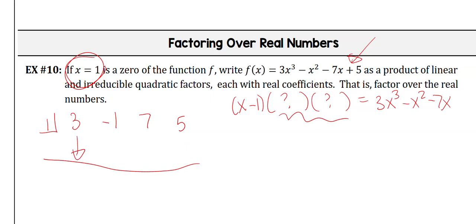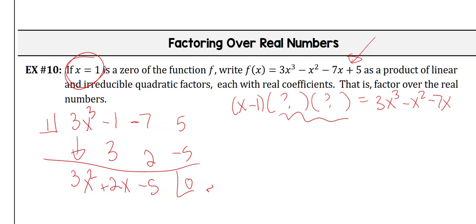And what that does is it's going to bring this down. So if you remember synthetic, this will be 3, this will be 2. Sorry, that should be -7. This will be -5, and this is -5, and then this is 0. Because this is the remainder, this brought it down from a cubic originally to a quadratic, a quadratic which is actually factorable.